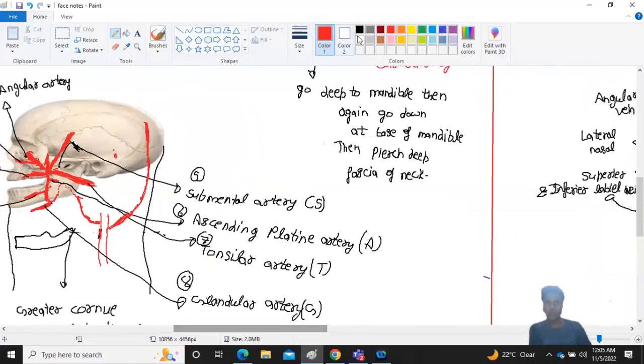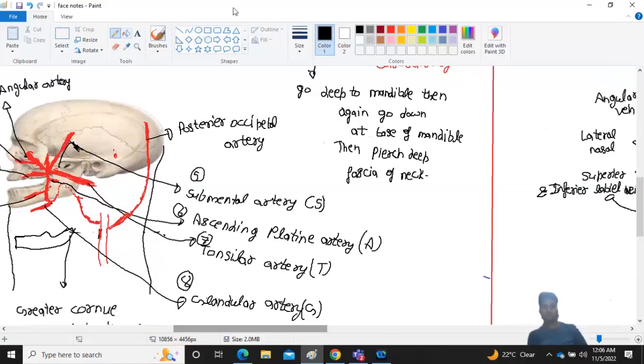This is the posterior occipital artery, a branch of the external carotid. These are the branches of the facial artery, and the facial artery is also a branch of the external carotid.